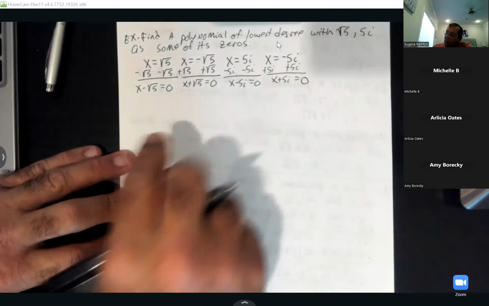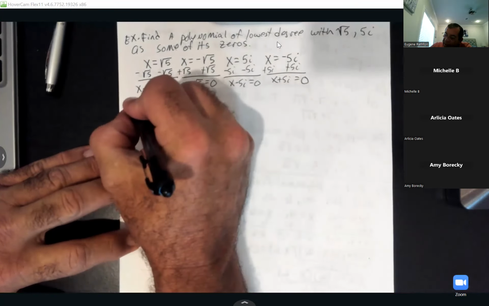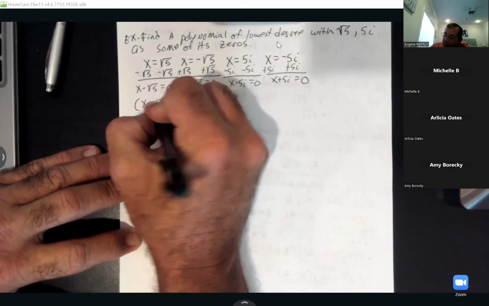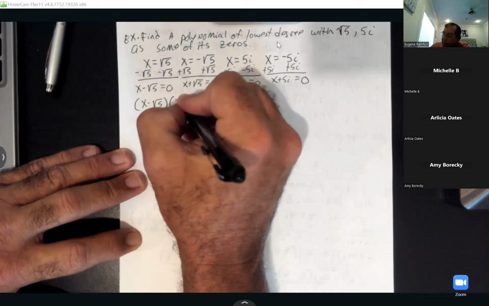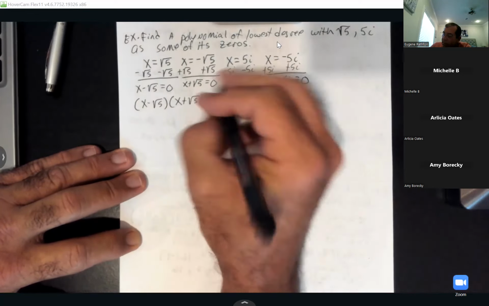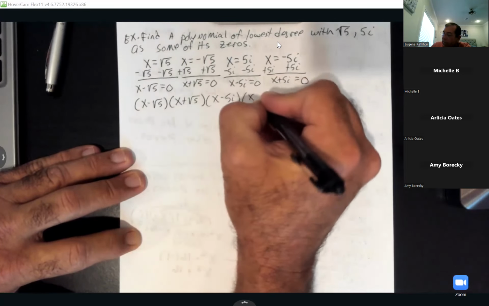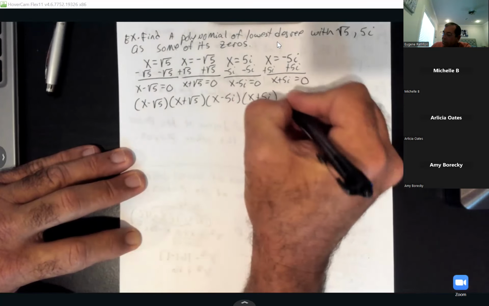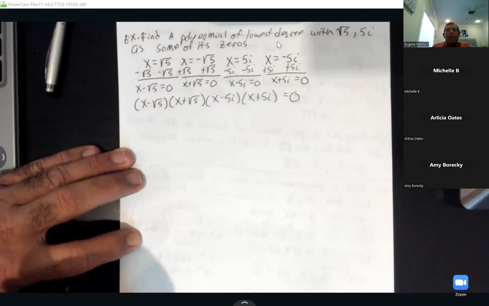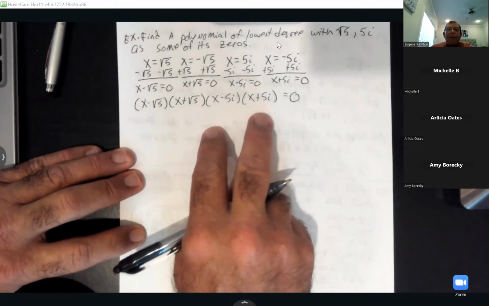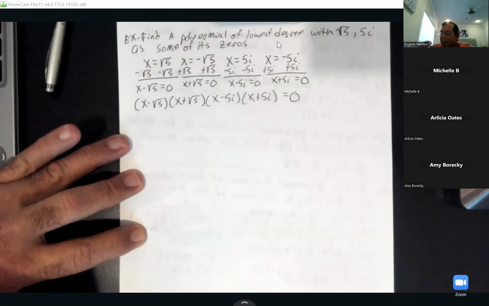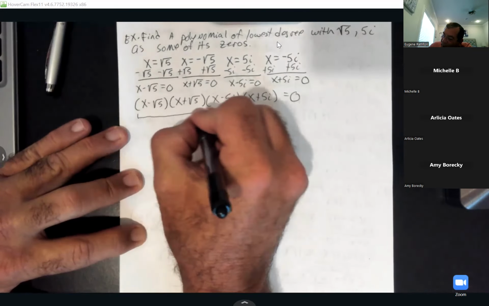All righty, so now I'm going to put all 4 of these in parentheses. Now, y'all, I'm going to do 2 of these at a time, and I'm going to show y'all some shortcut methods.